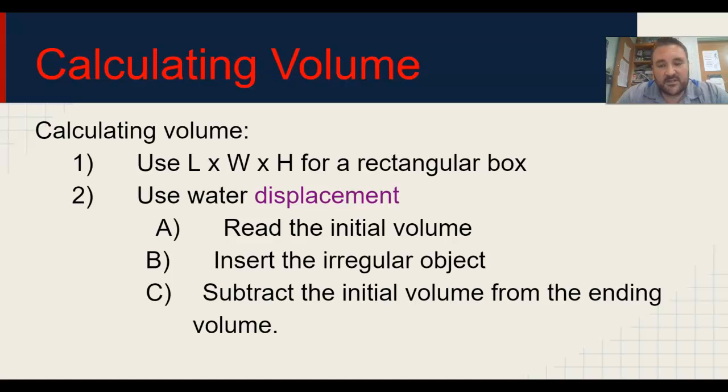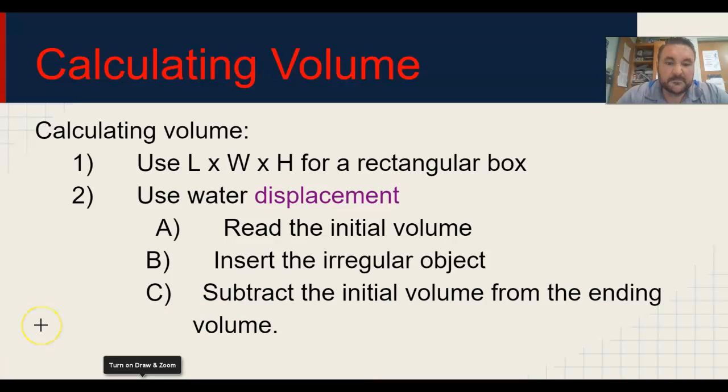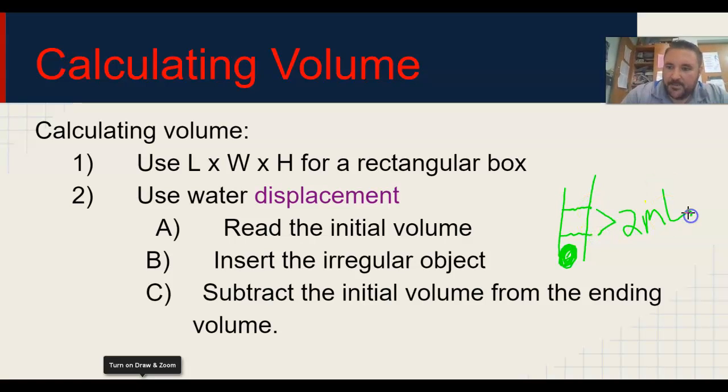So you read the initial volume and then you insert your object and you subtract. You subtract the initial volume from the final volume. So if this is my beginning volume, here's my final volume, and I have this object inside. This right here, maybe it's 2 milliliters, is my volume.